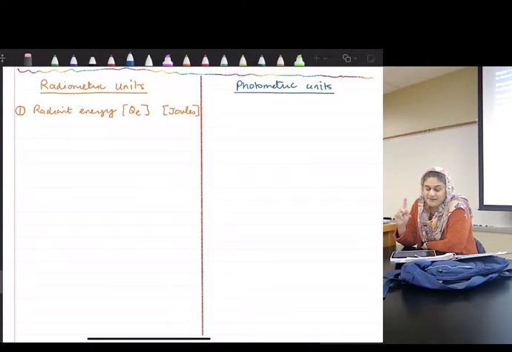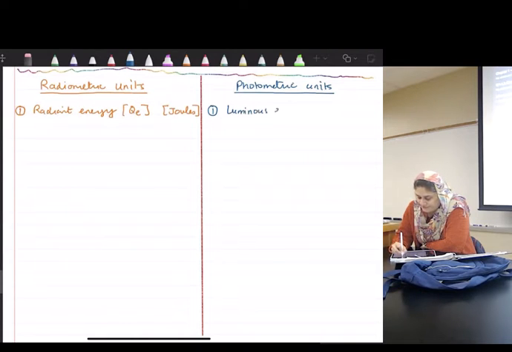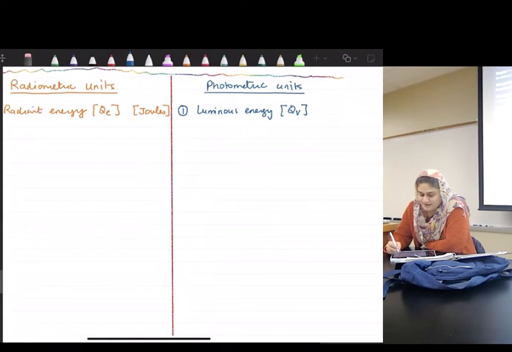Corresponding to this radiant energy, the photometric unit is luminous energy, is Q subscript V. And its unit is what we call Talbots.